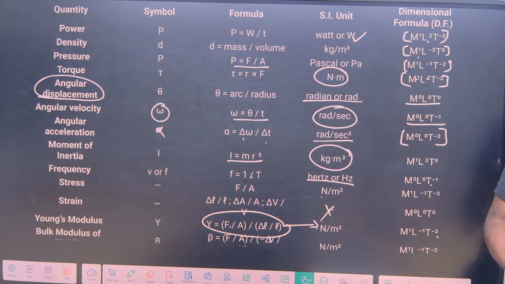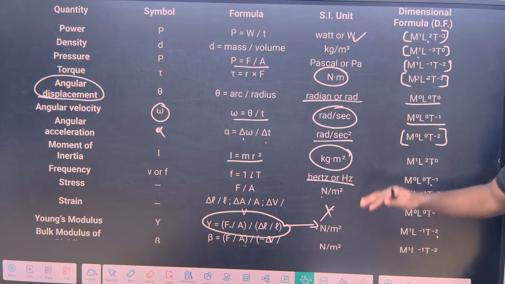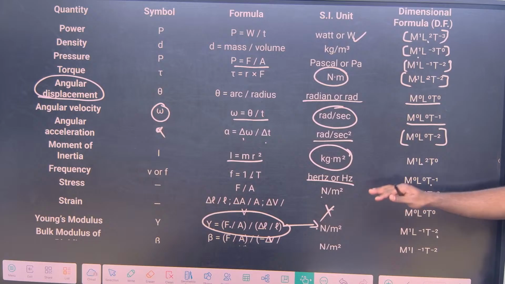So completed? Oh, you need 30 seconds. Okay, complete it fast. We'll go for the next slides. So still some quantities are left out. Okay, important quantities. So till now, no, No doubts, na? Yes.